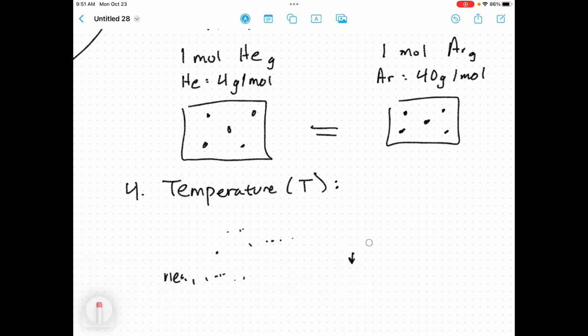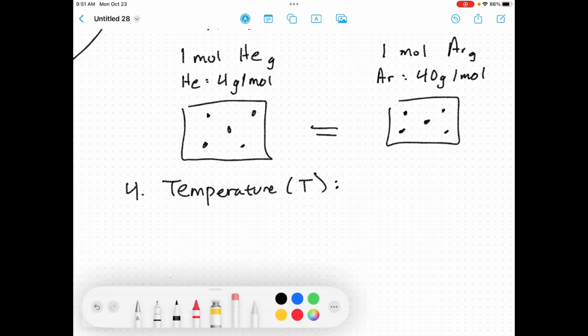Temperature is a measure of the internal energy of a system, while heat is more a measure of how much energy is moved from one thing to another. Essentially, temperature is how fast the molecules are moving. That's an easy way to think about it.